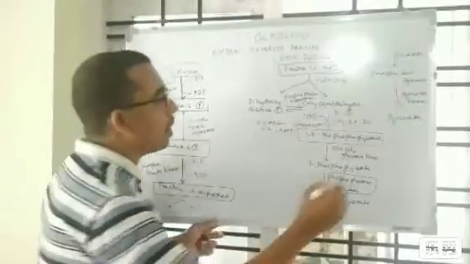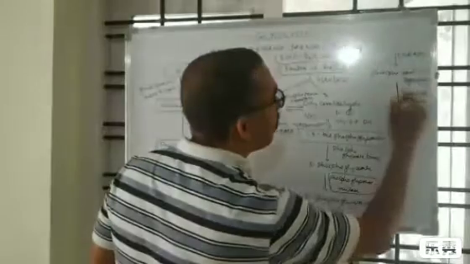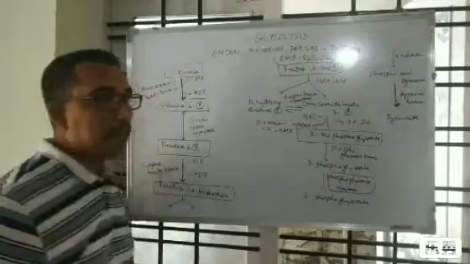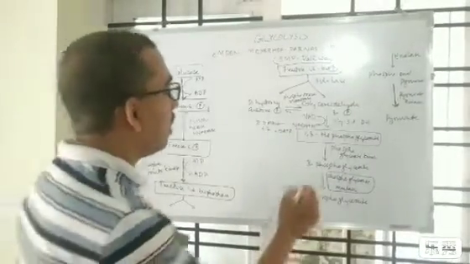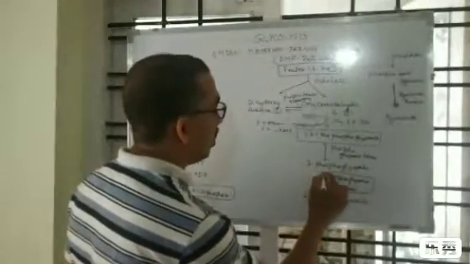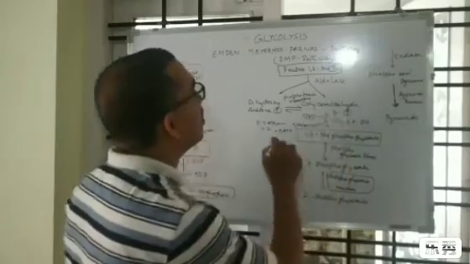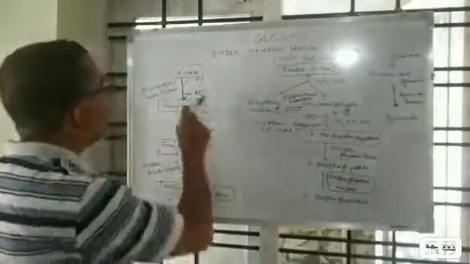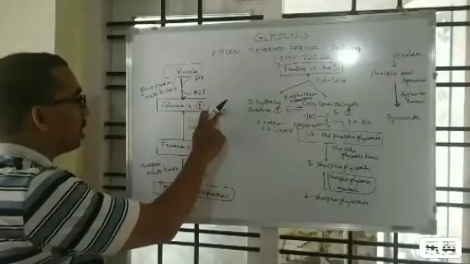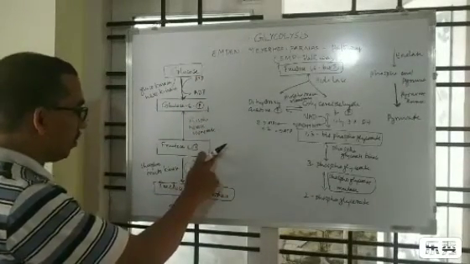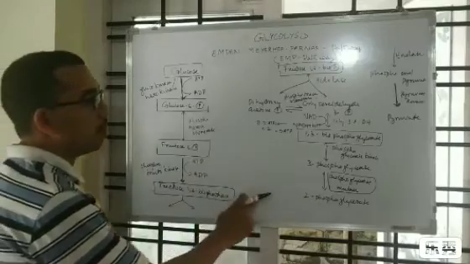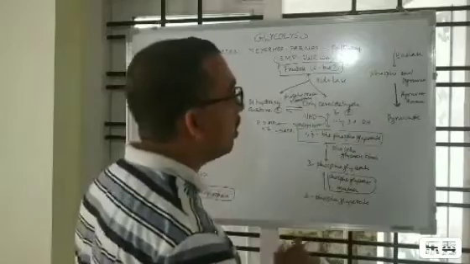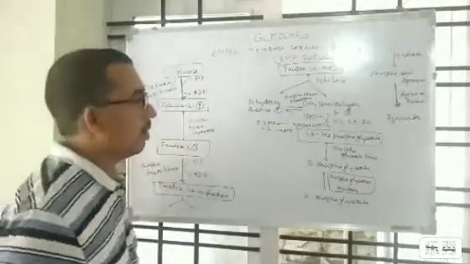We have to remember the conversion of phosphoenol pyruvate to pyruvate is also an irreversible step. So there are 3 irreversible steps in the glycolytic pathway. They are: first, conversion of glucose to glucose 6-phosphate, then fructose 6-phosphate to fructose 1,6-bisphosphate, then phosphoenol pyruvate to pyruvate.